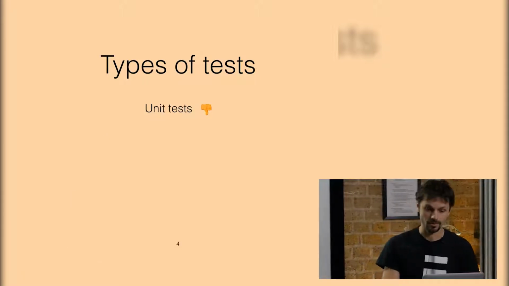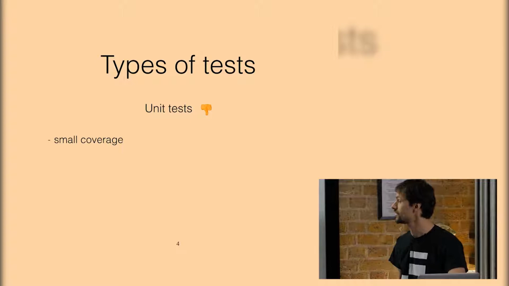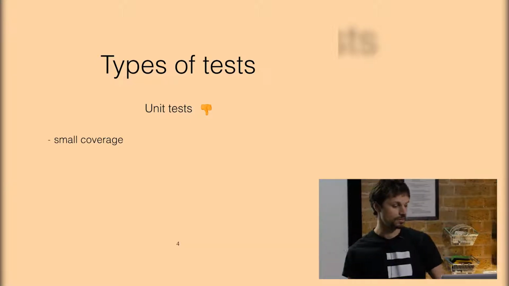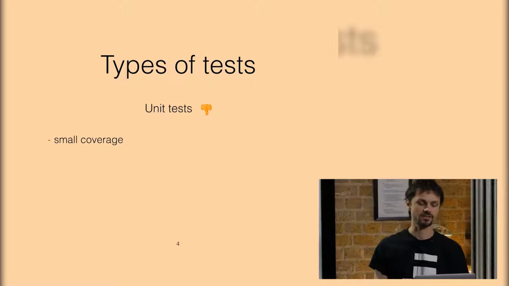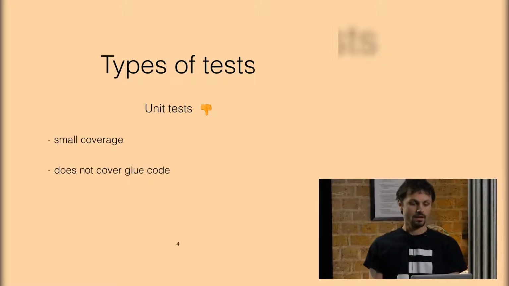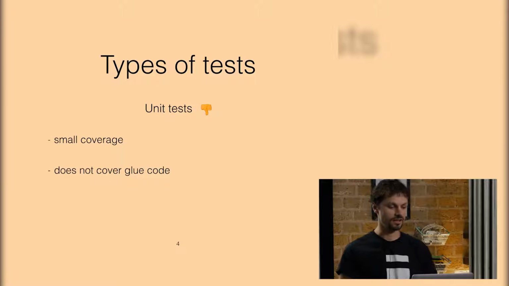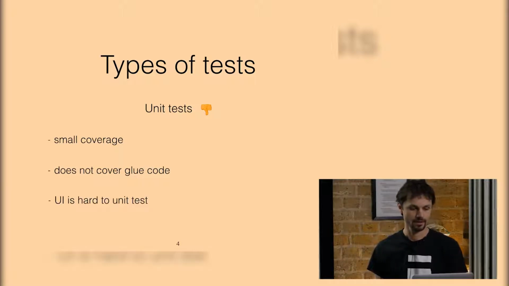The not so good things about unit tests are that they've got small coverage. If you have a sufficiently large system, a single test doesn't cover much. It's not very interesting normally. Unit tests also don't cover the glue code, which is the code that is used to put the units together. And again, in a system of any size, there's a lot of that code.